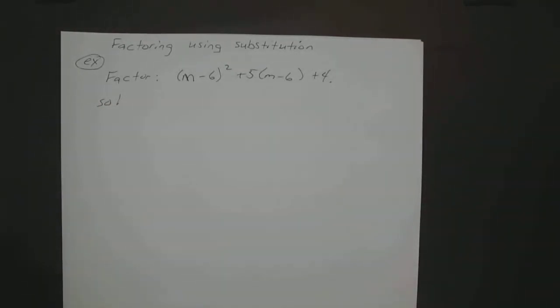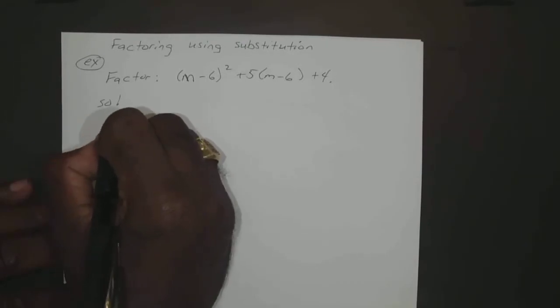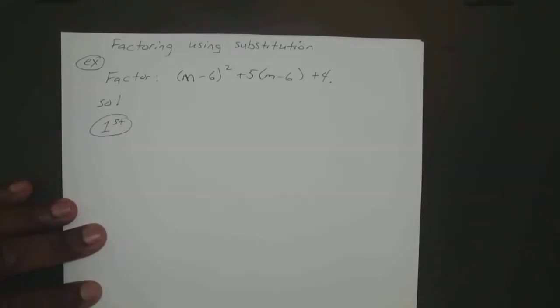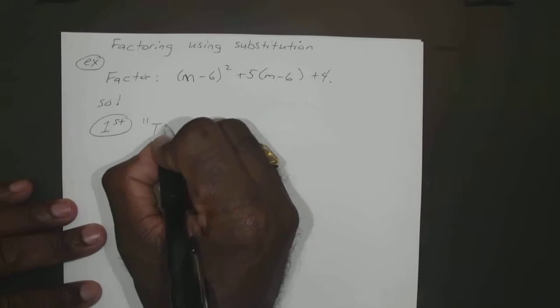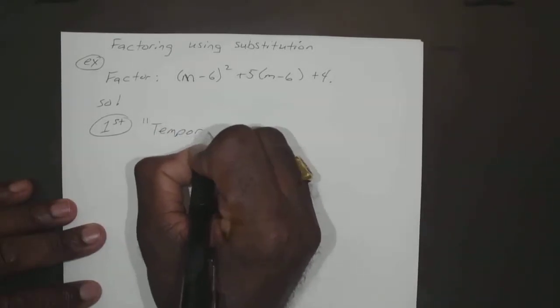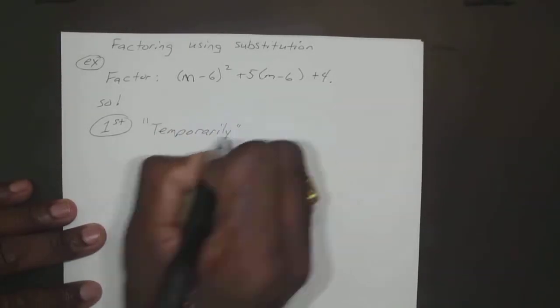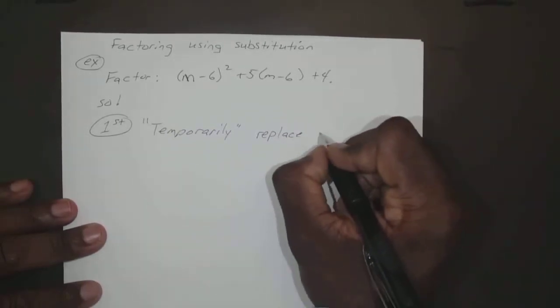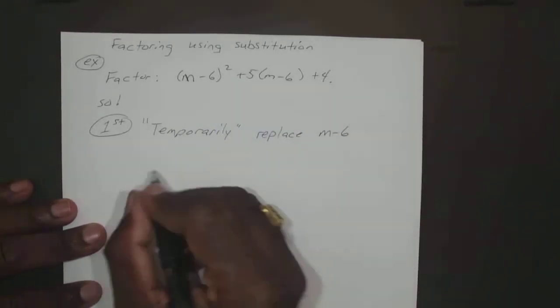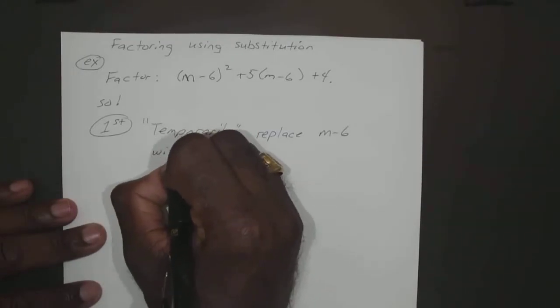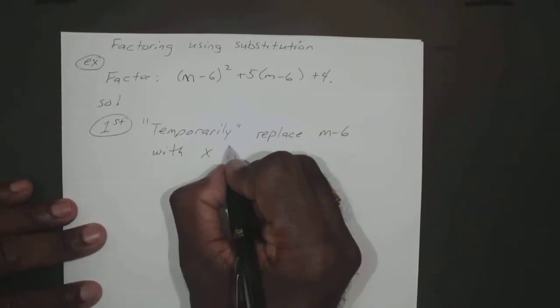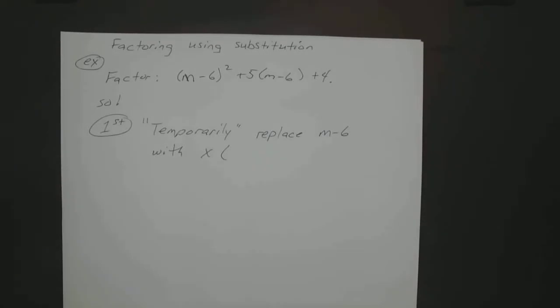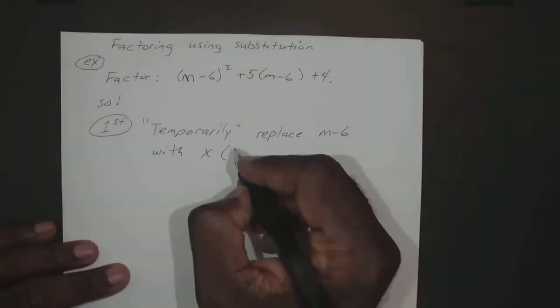Okay, so your first step, here you're going to temporarily replace m minus 6 with x. Or you can replace it with y or anything else. You can replace it with any variable.